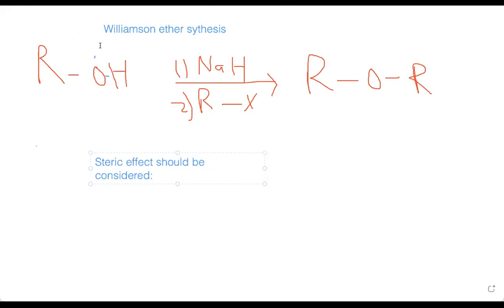All right, let's keep going. The steric effect should be considered. What does that mean? If you have a bulky molecule, for example a tert-butyl, it could complicate things because this only works with a primary halide.